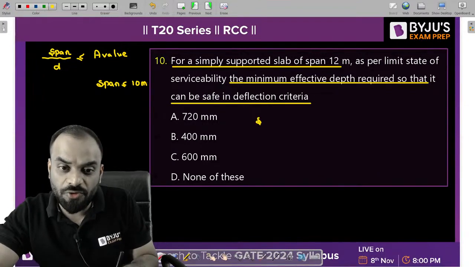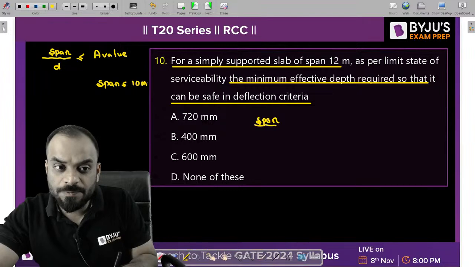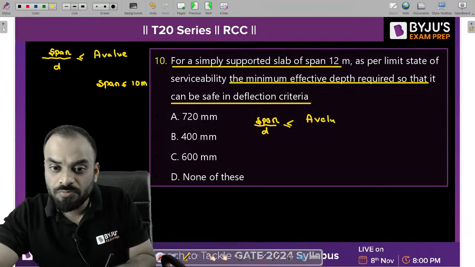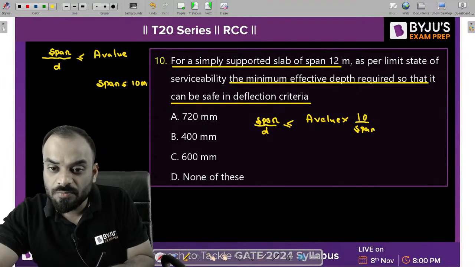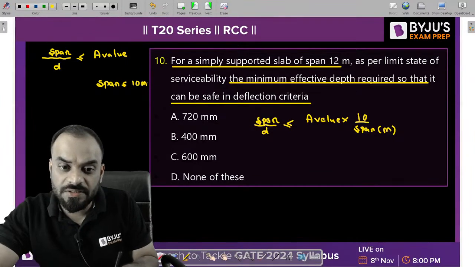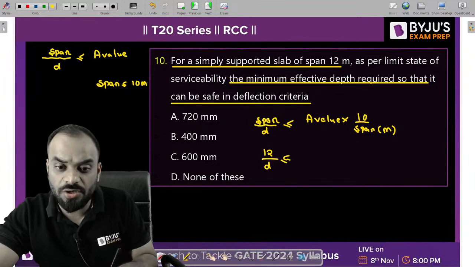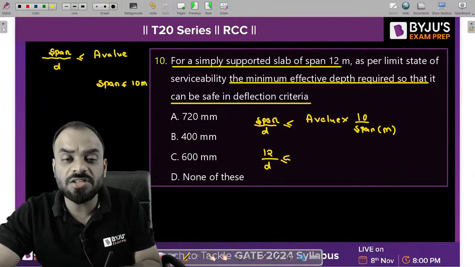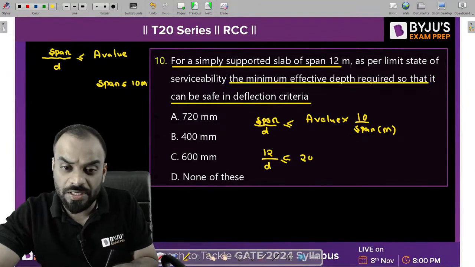It is 12 meter. So you need to modify the value of A. So what should be our formula? New formula. Span by d value is less than or equal to A value multiplied by 10 by span value. And span should be in meter. So let's calculate it, guys. This span is 12 meter divided by d is less than or equal to, for simply supported condition, the value of A is how much? It is 20.